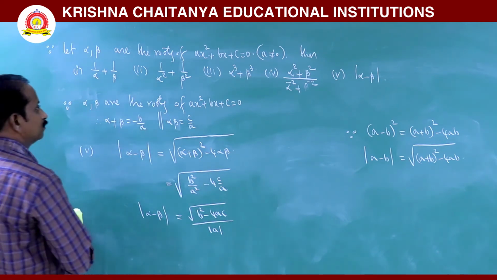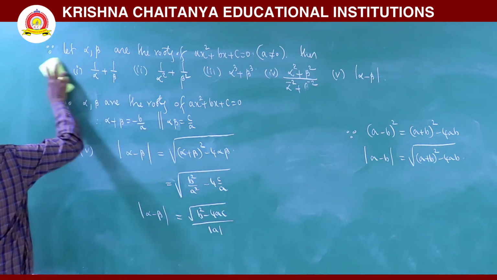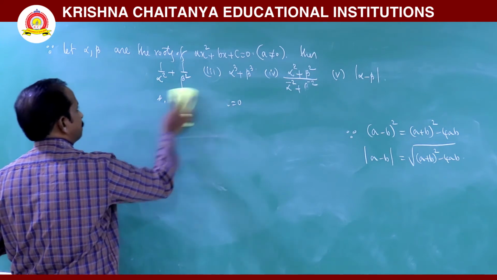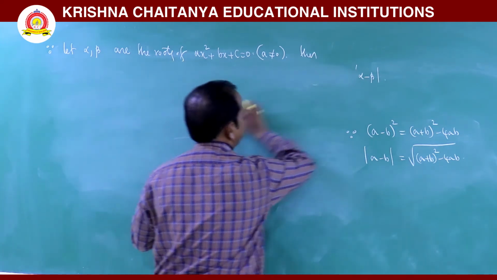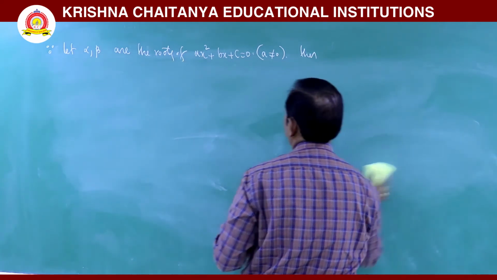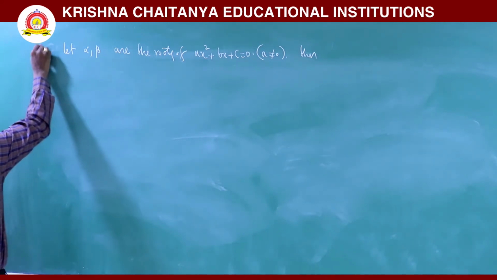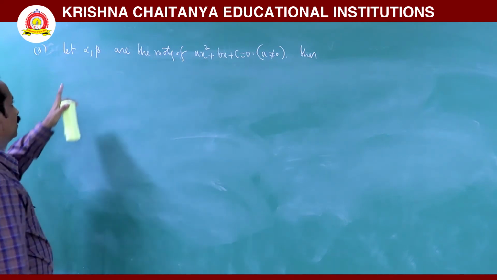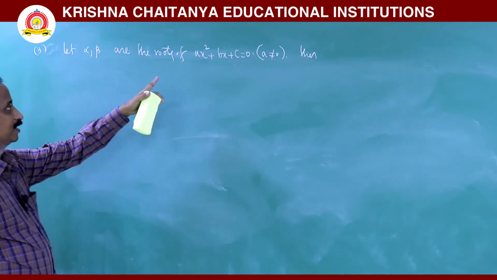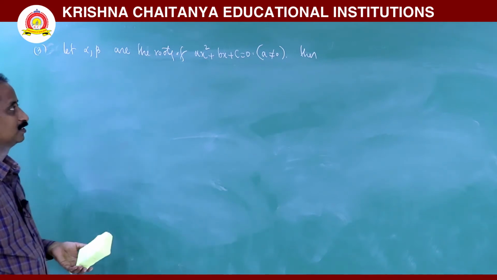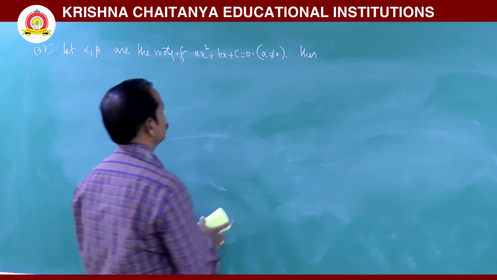Now, we move to another question. What about another question? Let alpha, beta be the roots of the quadratic equation ax square plus bx plus c equal to 0 with a not equal to 0 and c not equal to 0.